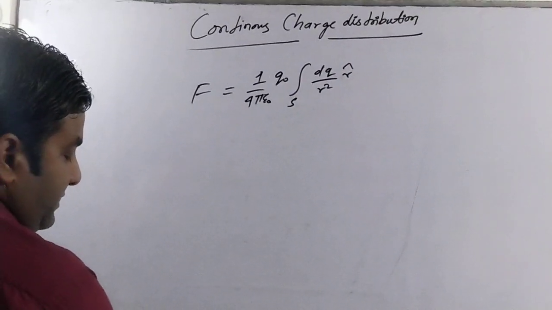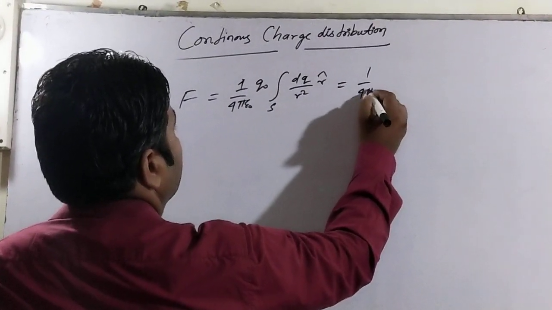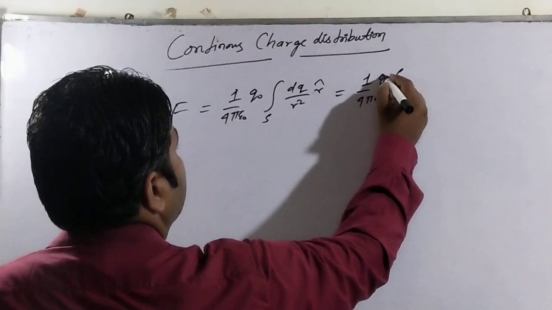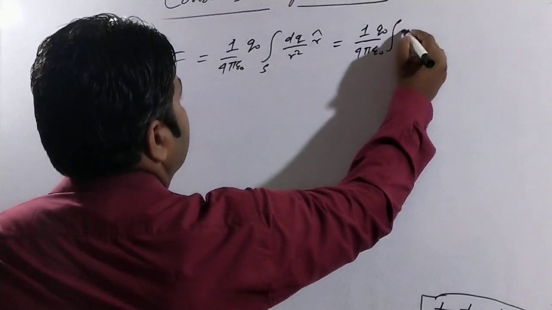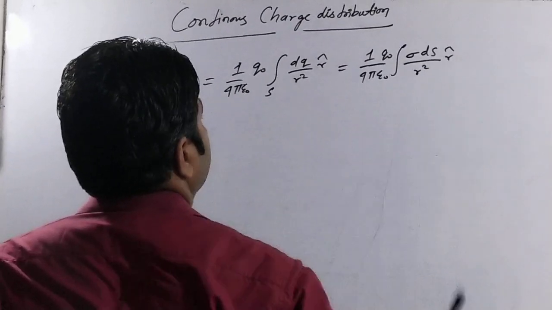The value of dq is sigma ds, and this is equal to 1 upon 4 pi epsilon naught, q naught, sigma ds upon r square unit vector r.